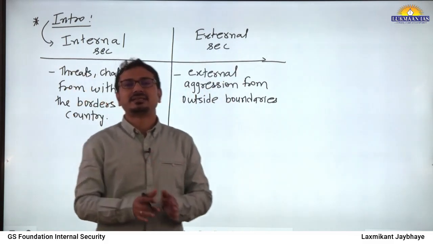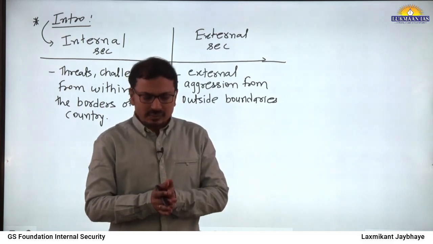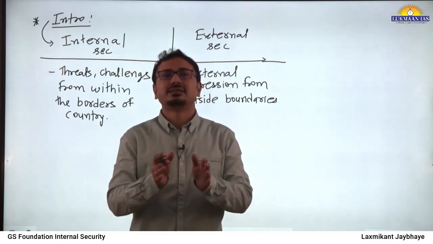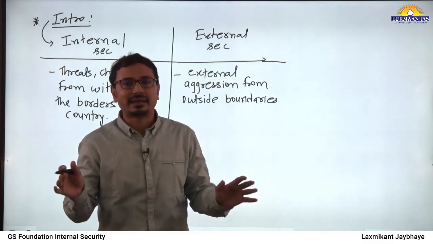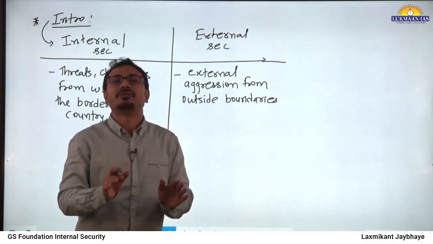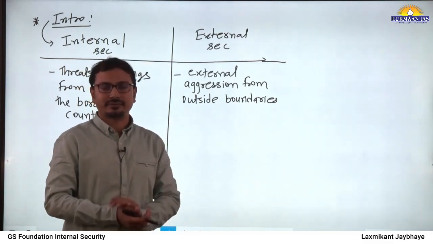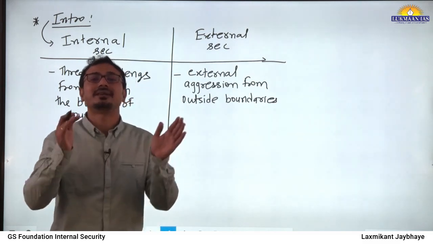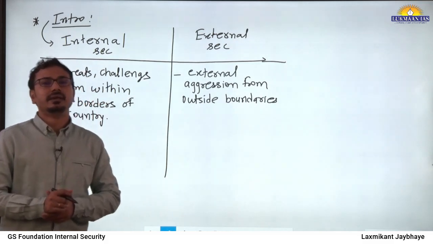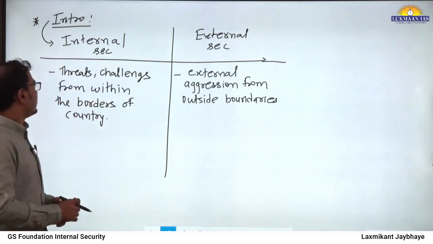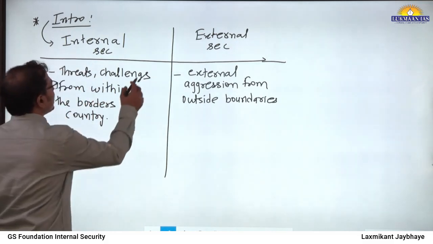There is a sense of protectedness. There is no sense of fear or panic among the people, and the people feel secure in the country. That is what we mean here by security. We will talk about the attributes of internal security.